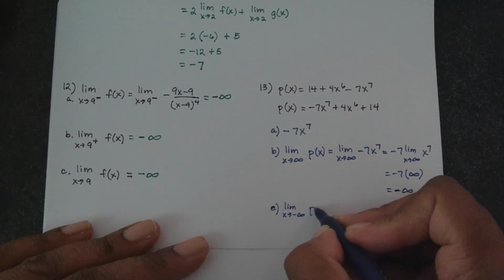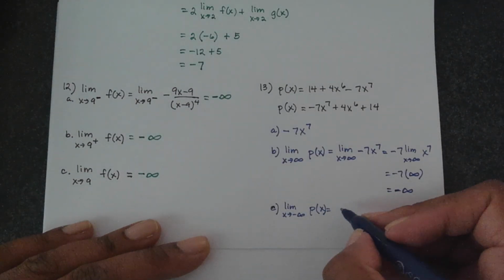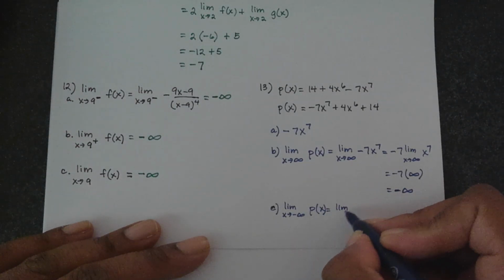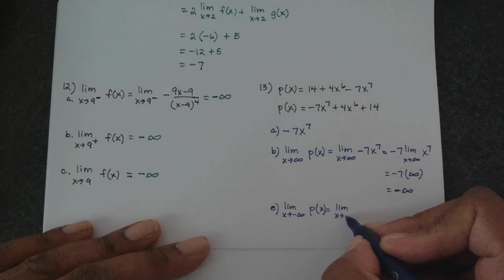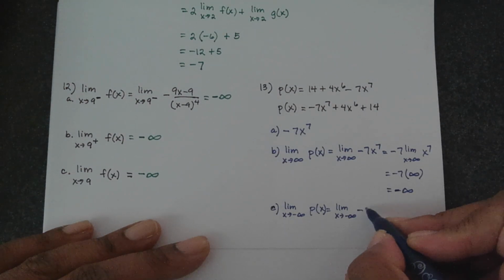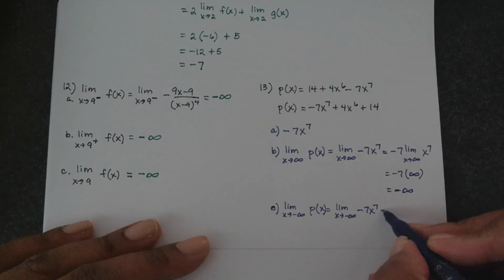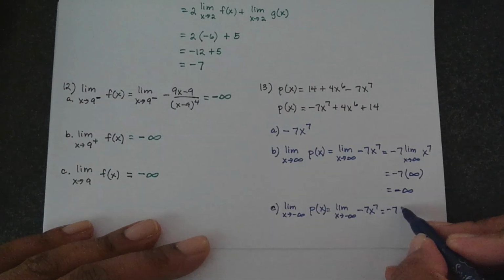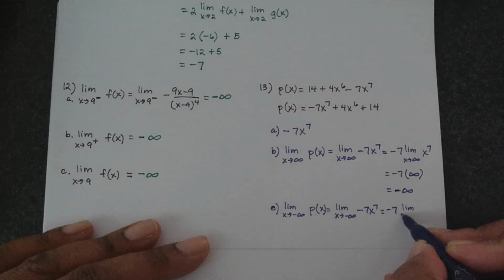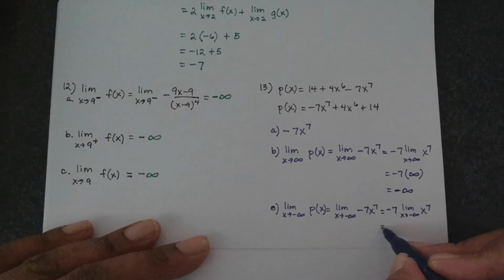Now part C is the limit as x approaches negative infinity of p of x. So we just look at the leading term. As x approaches negative infinity, we're finding the limit of negative 7x to the 7th. I can pull the negative out in front, so it'll be negative 7 times the limit as x approaches negative infinity of x to the 7th.